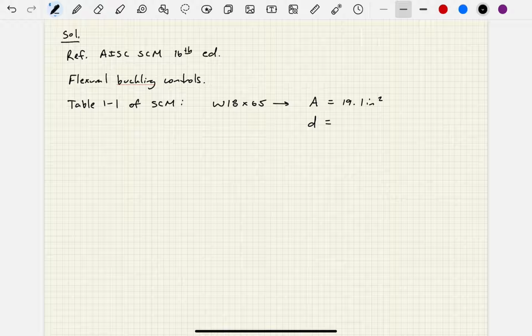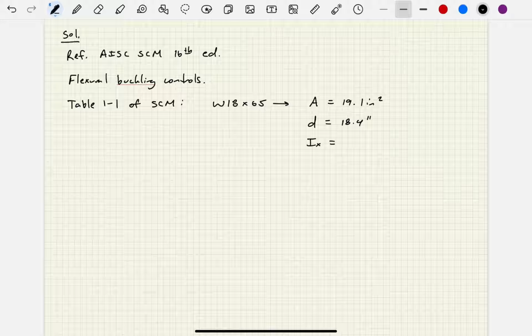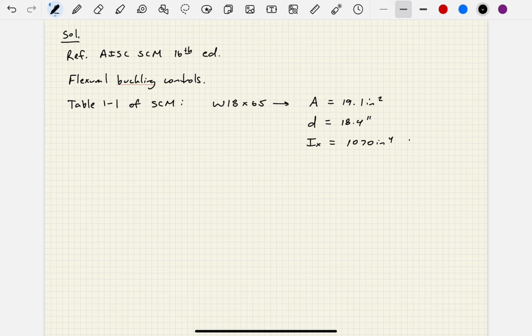Its total depth is 18.4 inches. Its moment of inertia about its centroidal x-axis is 1,070 inches to the fourth, and its moment of inertia about the centroidal y-axis is 54.8 inches to the fourth. Okay, so that's the information about that W18 by 65. And again, you can find this in Table 1-1 of the Steel Construction Manual.